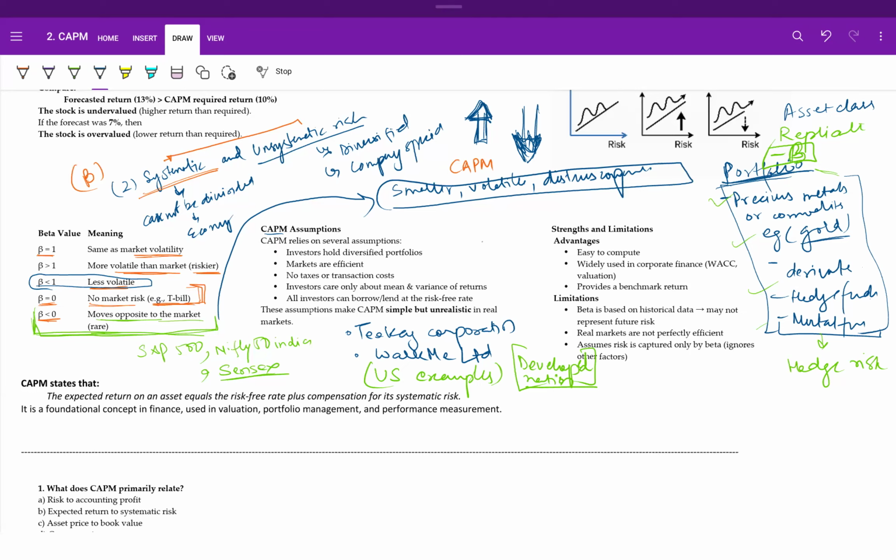Just remember this: Indian companies' operational cycles are actually linked to the economy or market.